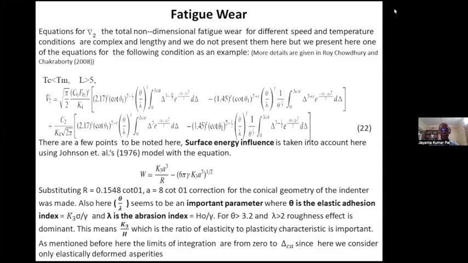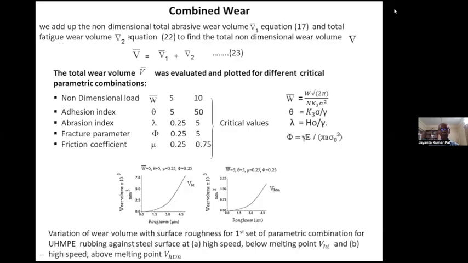So with this, we find out the total asperity wear volume for fatigue wear V2 bar and add up with the wear volume for abrasion V1 bar obtained in the previous lecture, and we add them up as shown in equation 23 to find out the total wear volume.